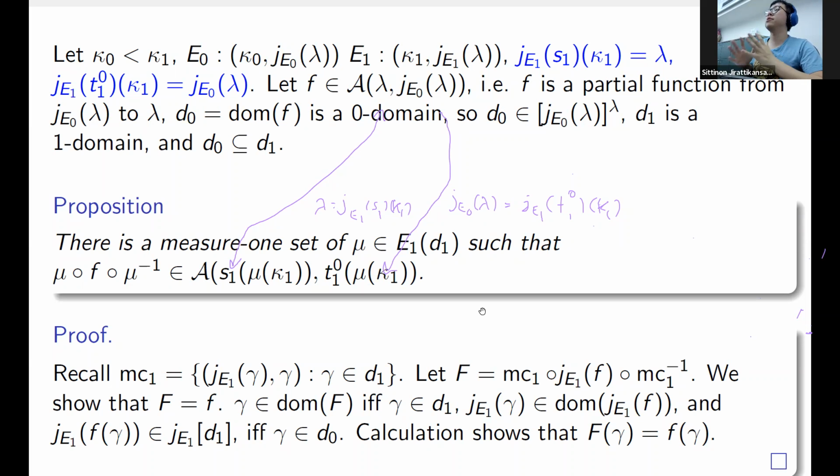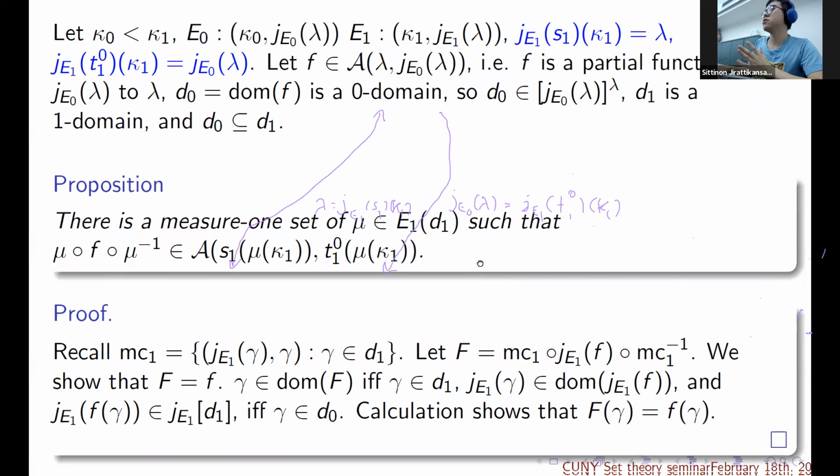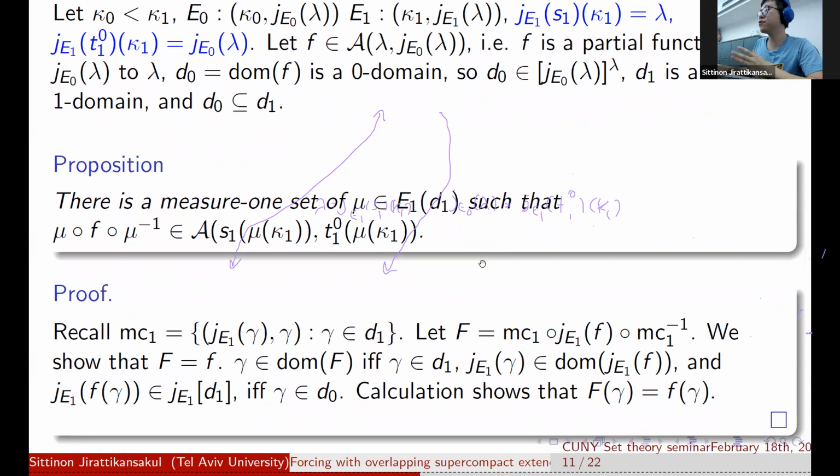What I'm going to claim here is, if I can prove that this big F is equal to small f, then the proposition is done. And why is it true? Let's set the big F to be this conjugation. First, I want to check the domain.